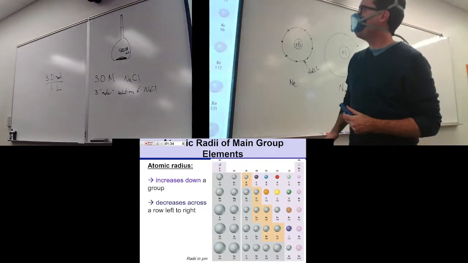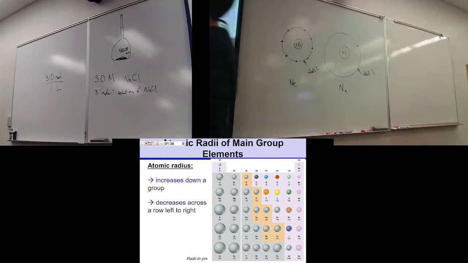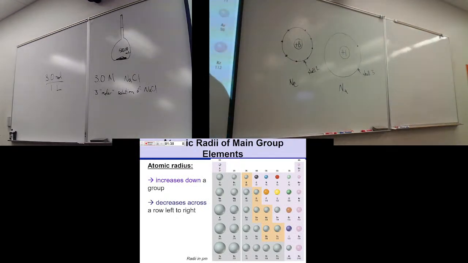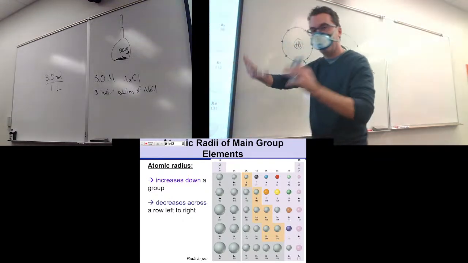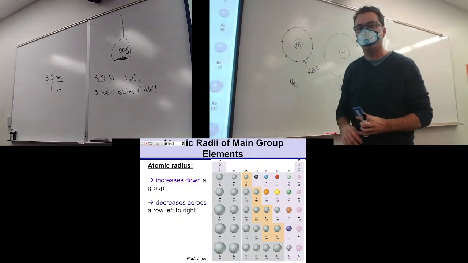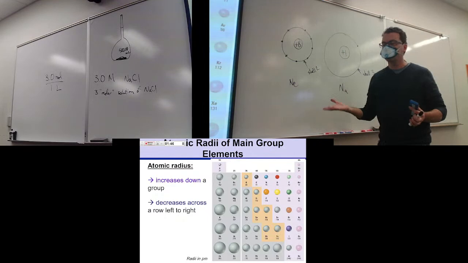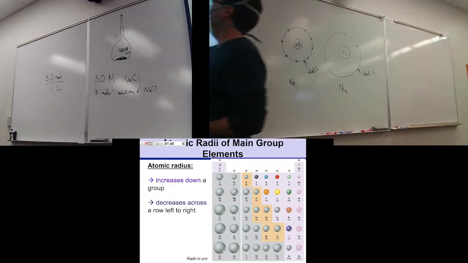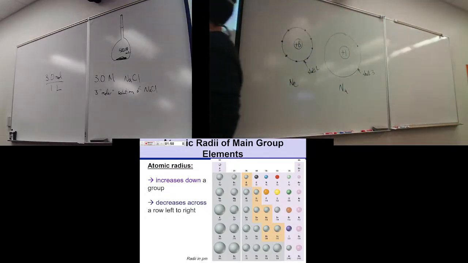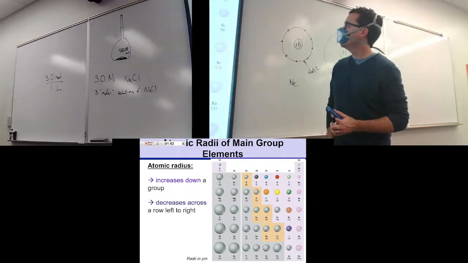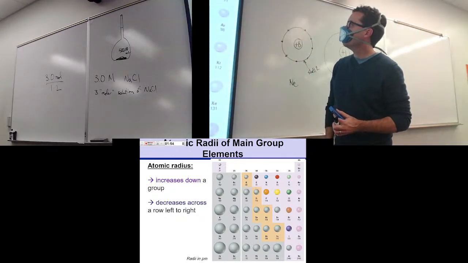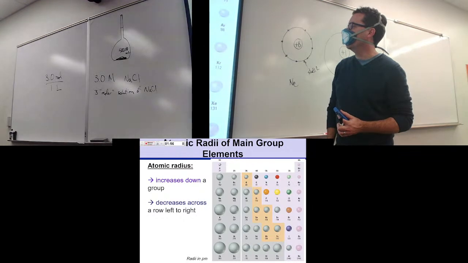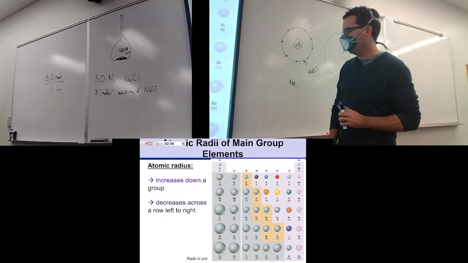So there you go. There's a picture. As we predicted, as you go down a group, it gets bigger. And that's pretty much true for every group. It's not perfect. Again, these are trends, not a rule. But left to right gets smaller. And actually, that's a pretty good trend compared to ionization energy, which is a little bit harder to match up.